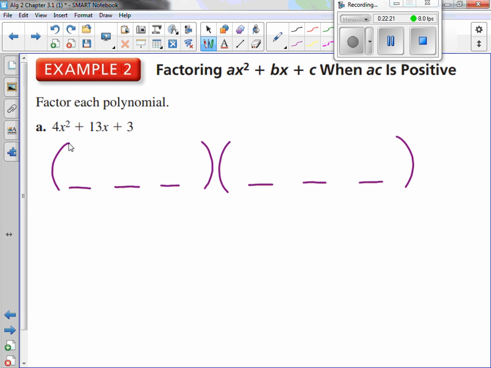I do the 3 spaces to help you give yourself enough space inside there to write the terms. Well, the 3 is positive, so the signs are the same and they match the sign of the middle term. So it's going to both be what? Positive. Because we have a positive and a positive, so they're both going to be positive. It won't always work out this way, that they're both positive. We could have both negative or one positive, one negative. But this rule does hold true every single time.